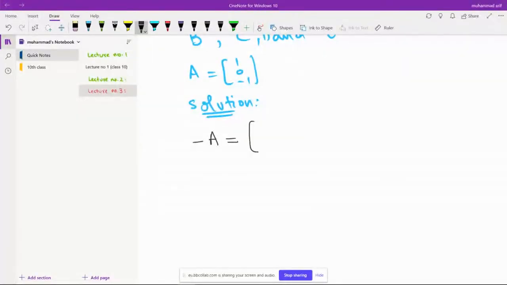Change the sign of all elements, that is negative 1, 0, positive 1.